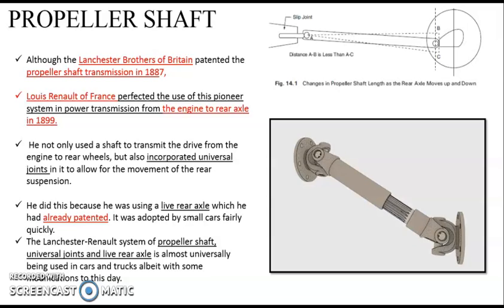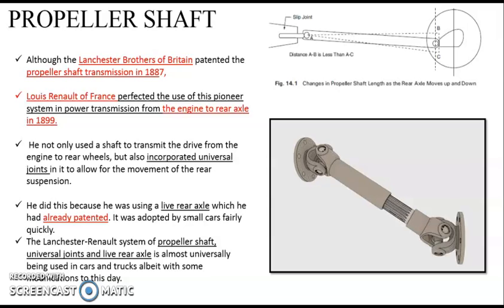Renault not only used the shaft to transmit the drive from the engine to the rear wheel, but also incorporated the universal joint that we are also going to learn today. It allows the movement of the rear suspension, and he did this because he was using a live rear axle which he had already patented.